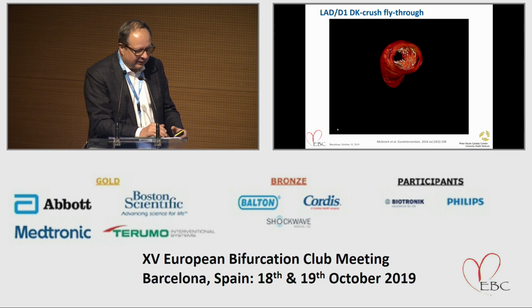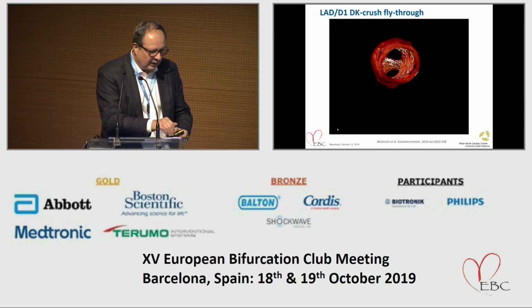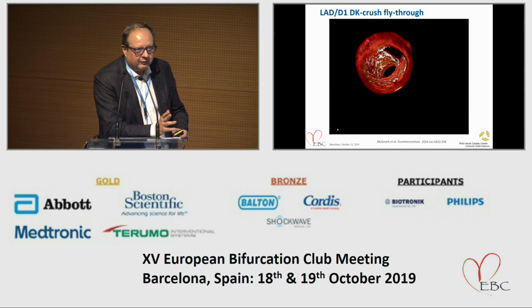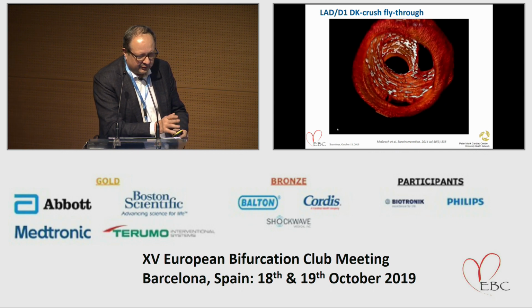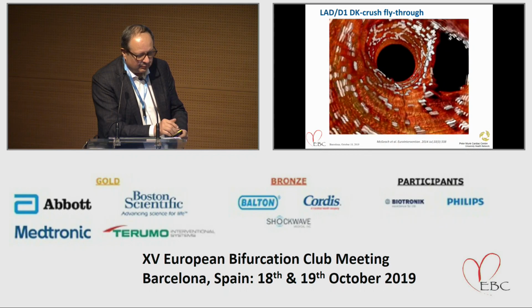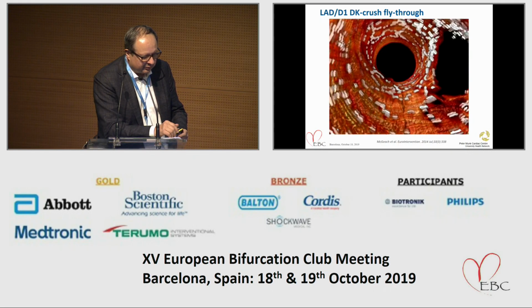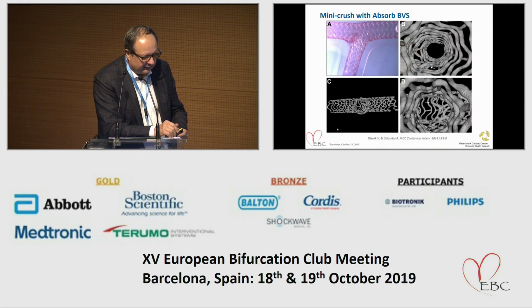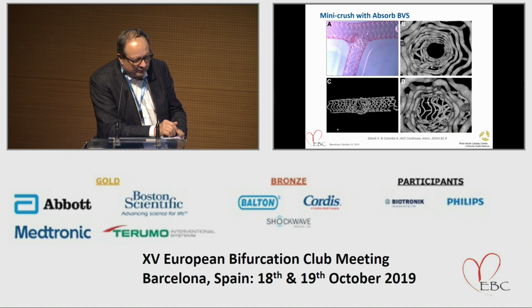We did a similar procedure for many years until I adopted the DK crush, because it's slightly simpler than the one I had done, which is a double crush technique. This is a mini crush, which shows a big accumulation of material. This is actually plastic material, absorbed material at the carina.